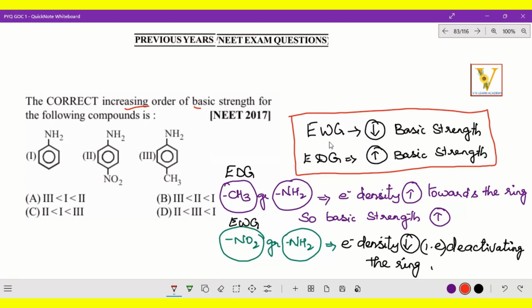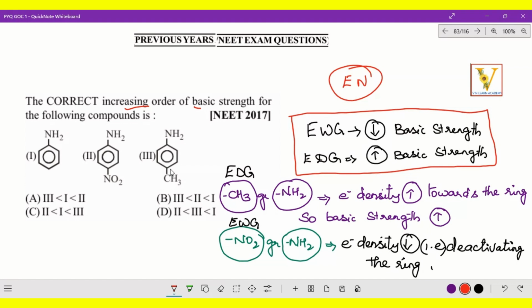That is what I purposely mentioned. Electron withdrawing group decreases the basic strength, whereas electron donating group increases the basic strength. So mainly here electronegativity is common. Now here is aniline, this is nitroaniline, and toluidine, this is CH3 NH2 attached with benzene.